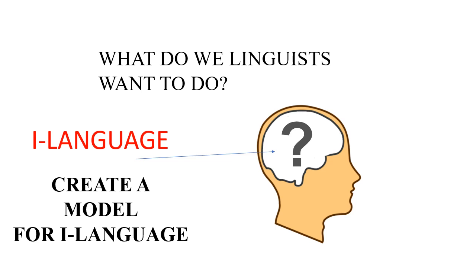So we know that there is a system inside our heads, and what we want to do is to create a model for I-language. Science usually tries to model particular elements that we're trying to understand. So in the case of linguists, and in particular theoretical linguistics, what we want to do is to be able to model this I-language.